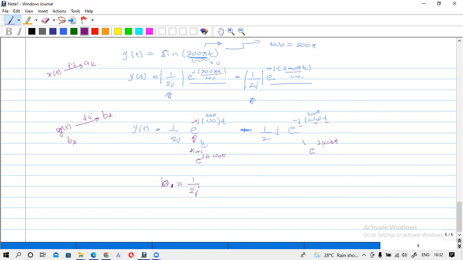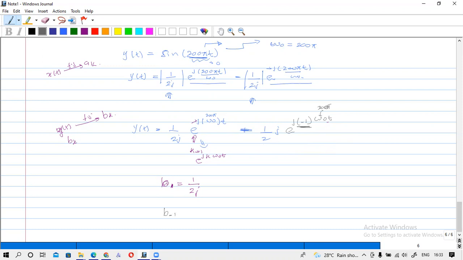For this term, the minus should not be there, so you can take this minus and put it into the exponent, like this: e^(j(-1)ω₀t). This ω₀ is 2π. So the k is minus 1, and this will be the minus 1 coefficient.